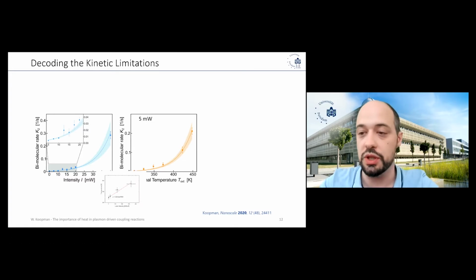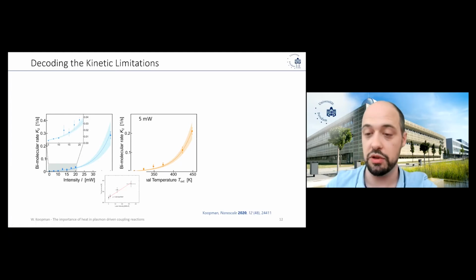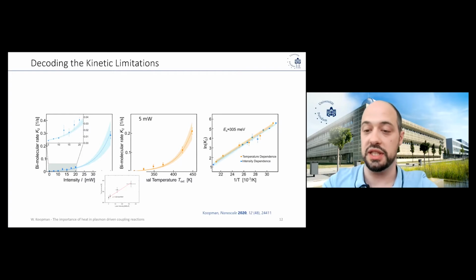And since we now had this calibration, so we could measure the temperature of the particles in situ, so we know how hot the particles get for a certain laser intensity, we could convert this intensity over here into a temperature and make an Arrhenius type of plot. And what we got was this.